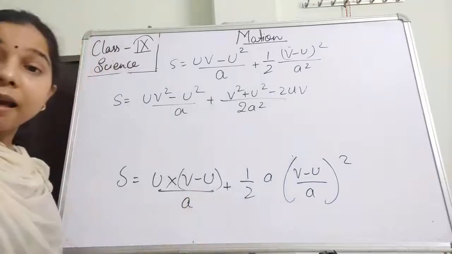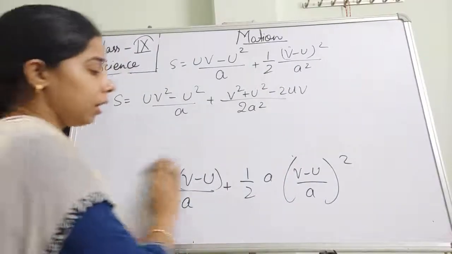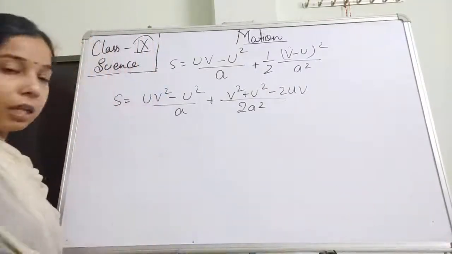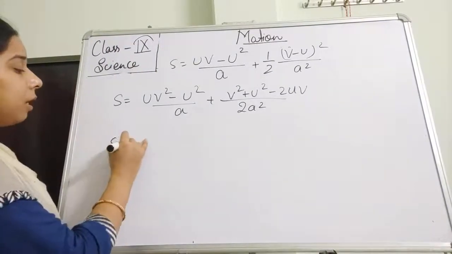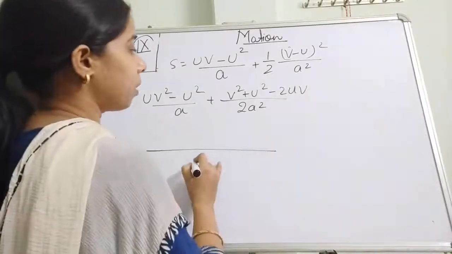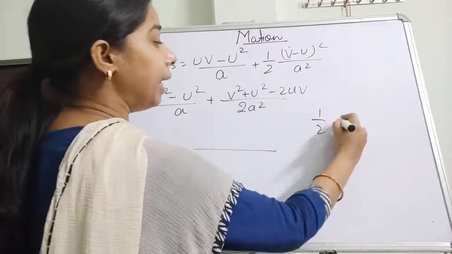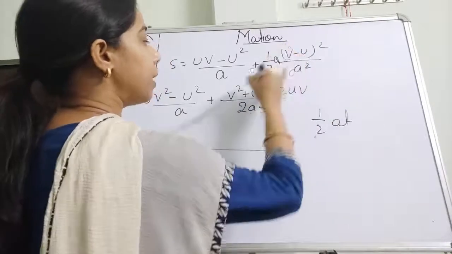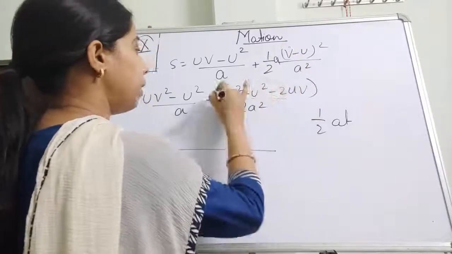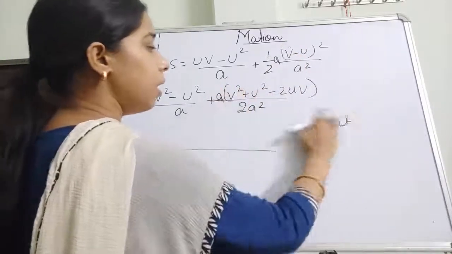Then we have taken the LCM of both of the equations, students. One more thing: it was half a t square, so I forgot to write an a here. So this will be a, a will also be there.